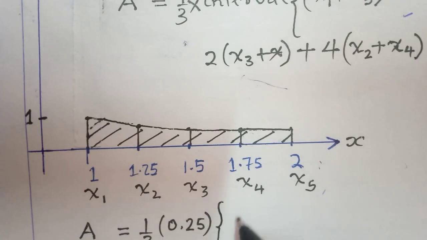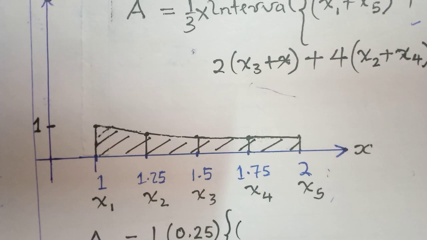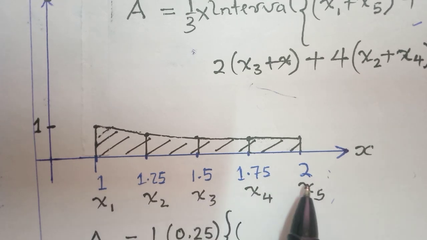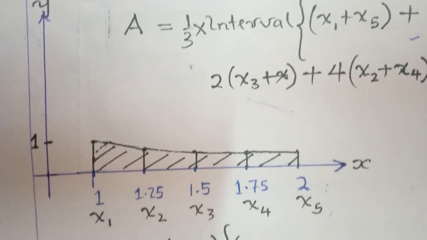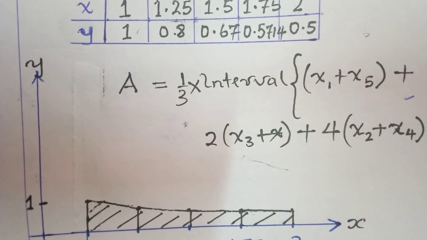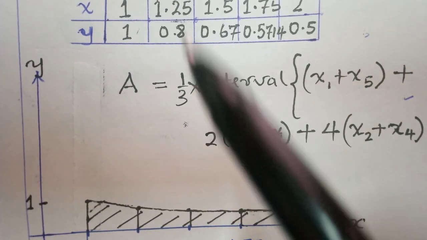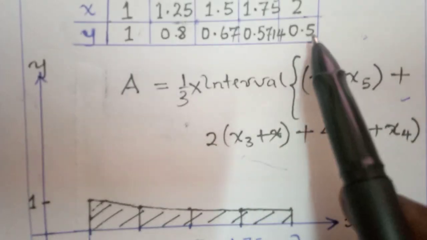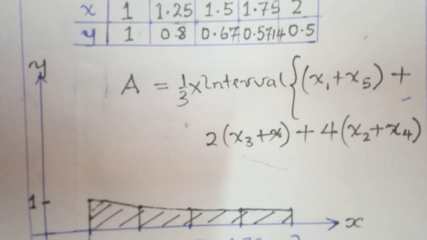x1 is supposed to be, now guys, we do not look at the x-axis, we look at the y-axis. For the y-axis, we have x1 being 1, this one, not this one, but this one, and the last ordinate is 0.5.